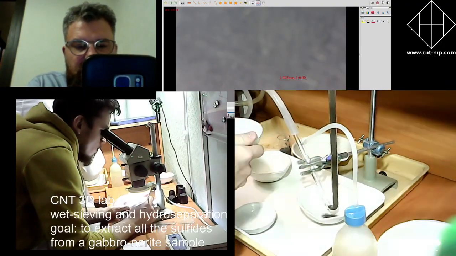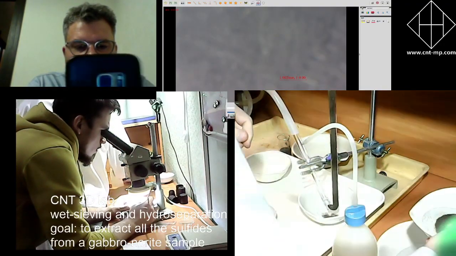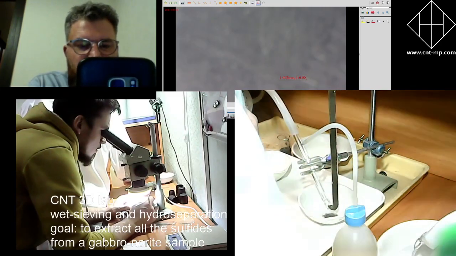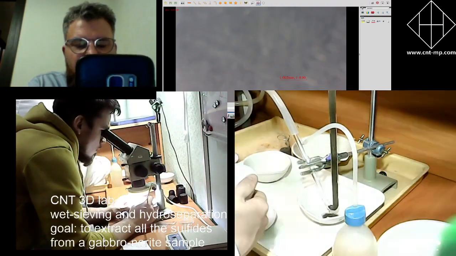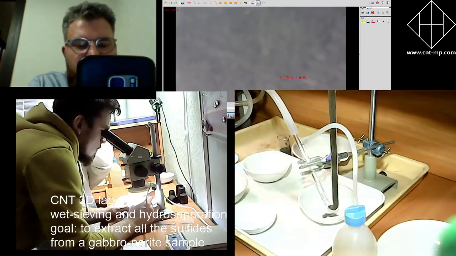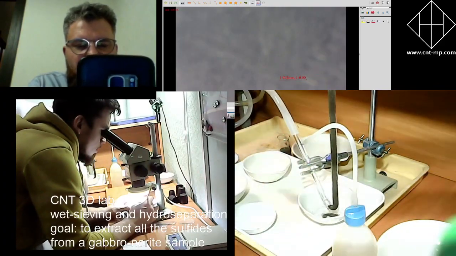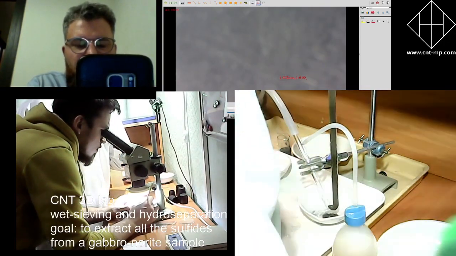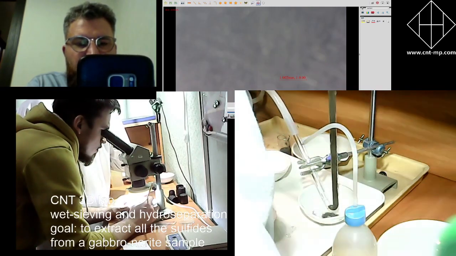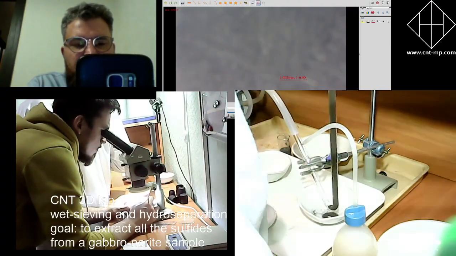Unfortunately, the quality of the Twitch stream is not good enough to show you guys the individual grains, and maybe our cameras are not as good as they should be to make them usable for this purpose. But this is just a good way to show you how simple it is to use our equipment, use our methods, going down to a single grain and try and implement different types of mineral analysis.